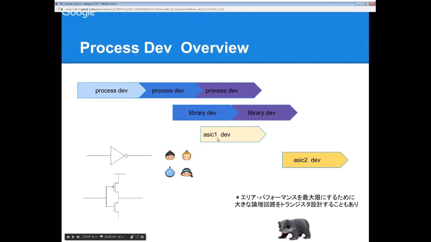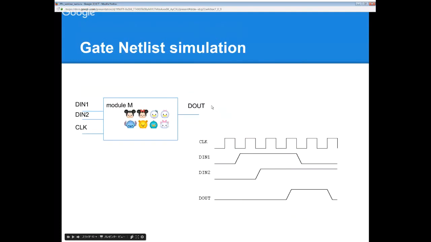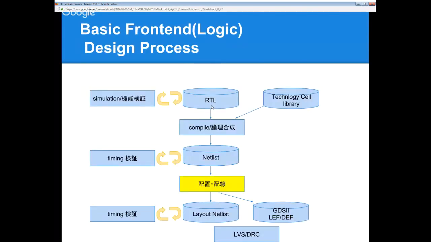This cell information is used here as an input of the logic synthesis. So with RTL and the technology library, we can get a netlist by the compiler.